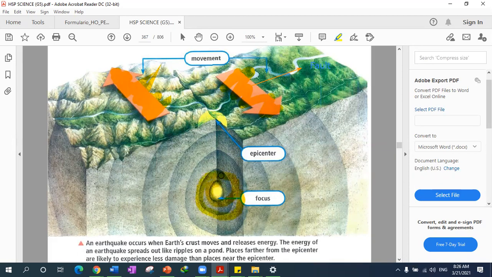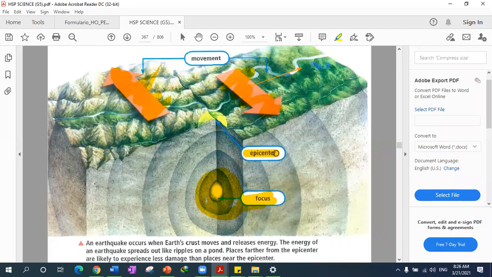Here, we have what we call, again, the focus, the area where all the energy comes from. Above the focus, we have another area we call the epicenter.